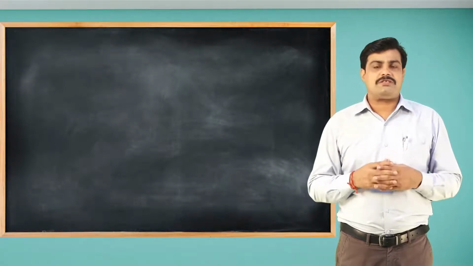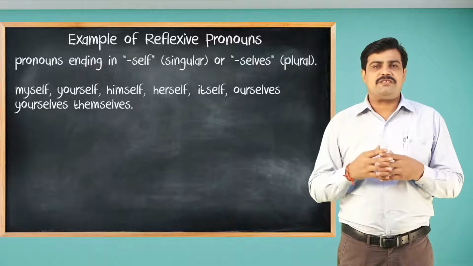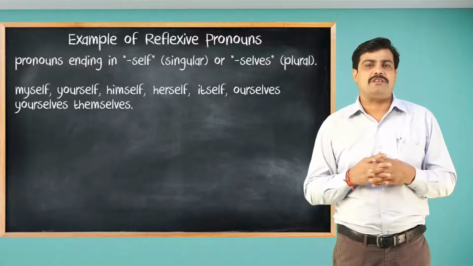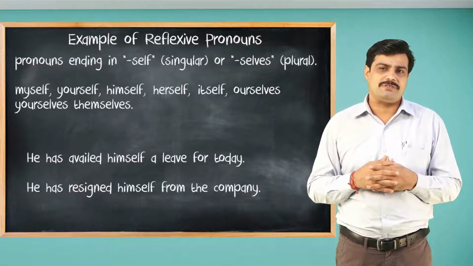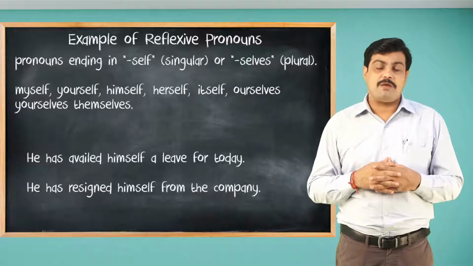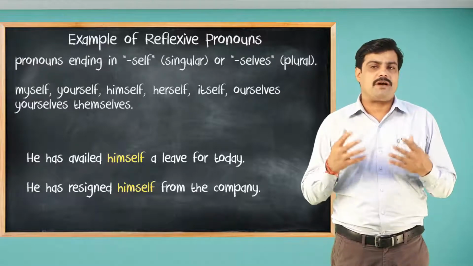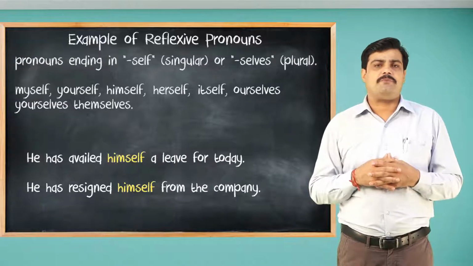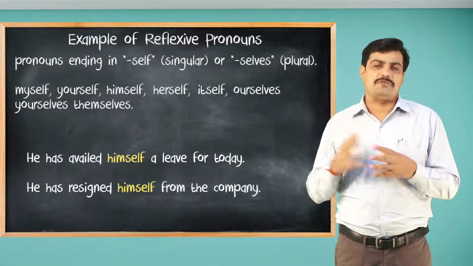The fifth one is reflexive pronoun, and reflexive means reflect back on the subject, and these pronouns end in self, as I have already told you, and selves in plural. These pronouns are myself, yourself, herself, itself, ourselves, etc. For example, he has availed himself a leave for today.